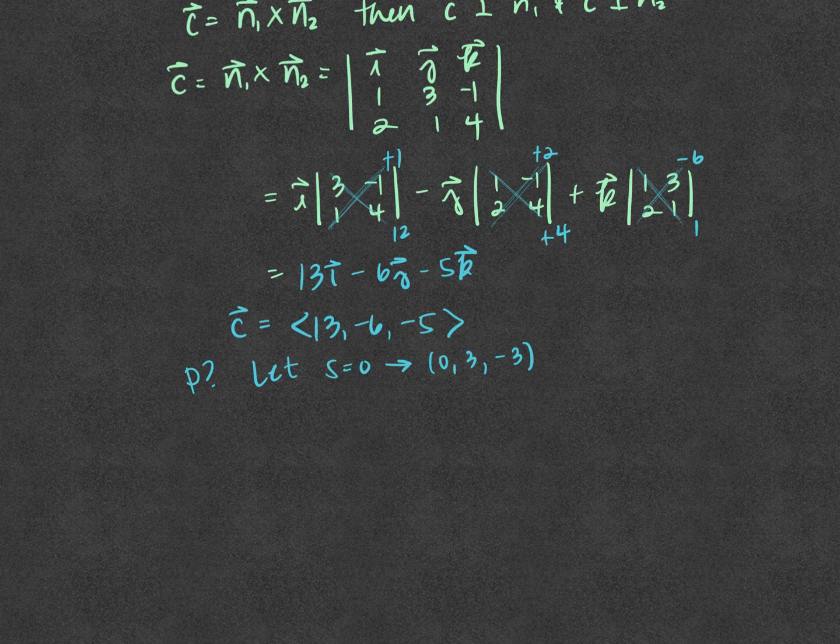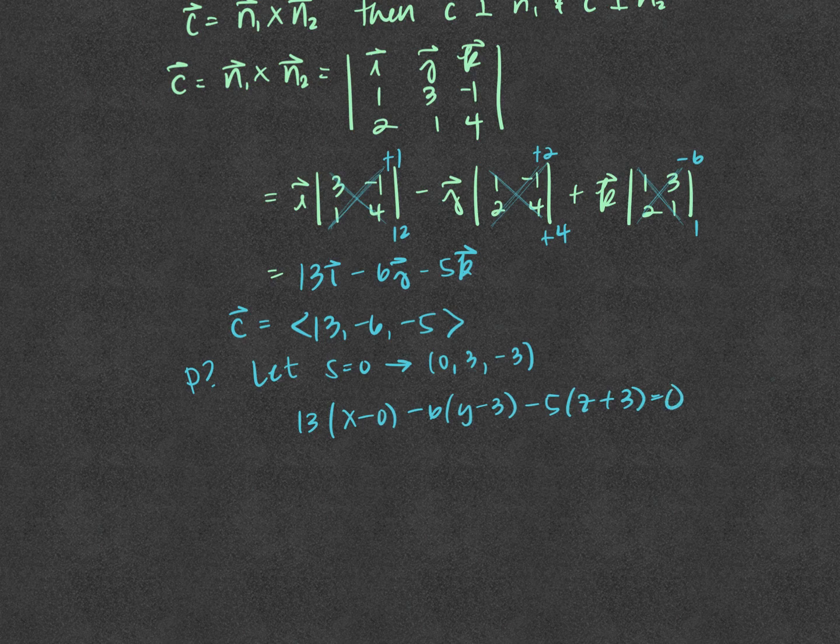So let's build this beautiful equation. We have 13 times x minus x sub 0, minus 6 times y minus y sub 0, plus -5 times z minus z sub 0, equals 0.